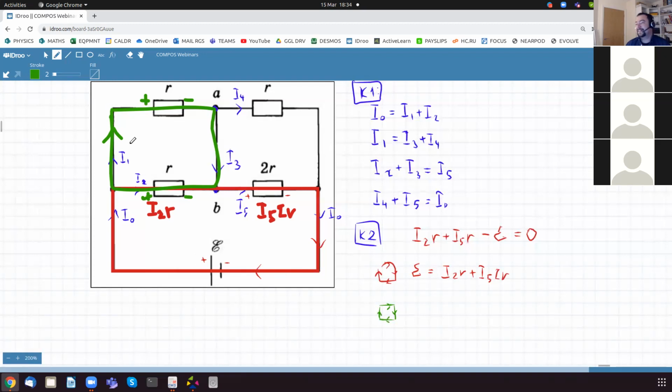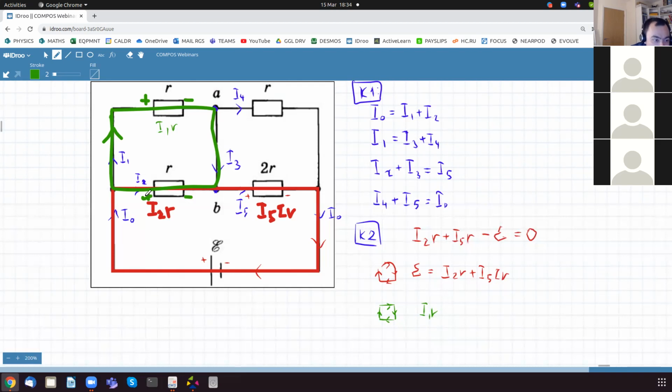Honestly, Kirchhoff's second law is a bit clunky at times, but once you get the idea, you start understanding how it works. The voltage here is I1R, and because we're going from plus to minus, it has plus.